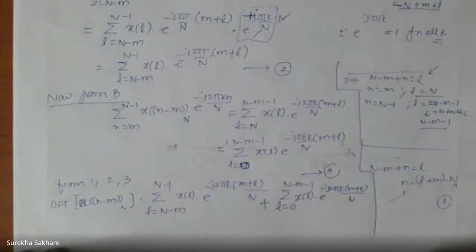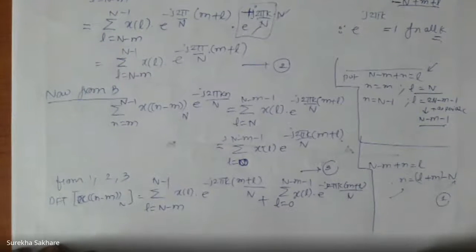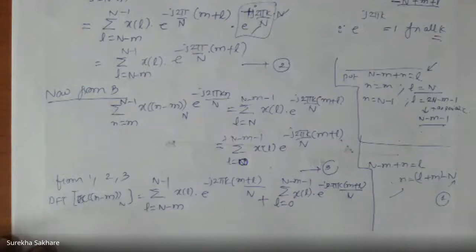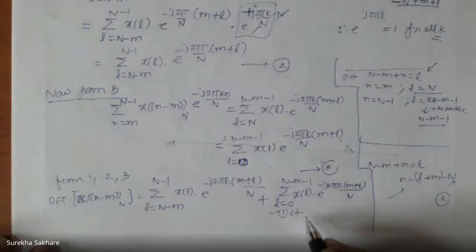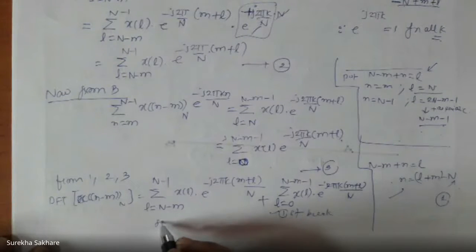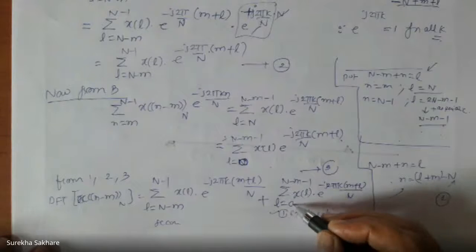Now we can see the limit. This is the first part, the second part. You can see L is starting from 0 to N minus 1, then N minus m to N minus 1.